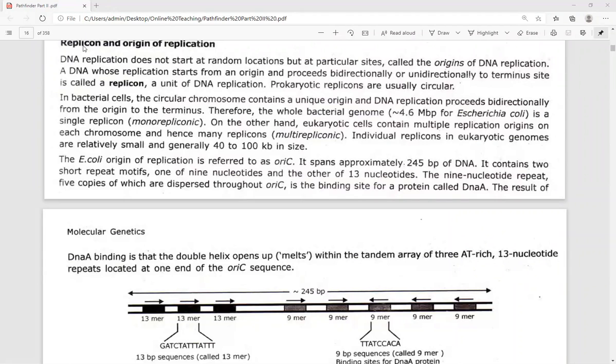In this video tutorial, we will be talking about the process of DNA replication. How does the process of DNA replication take place? In what manner does it occur? DNA replication does not start at a random location in the genome.